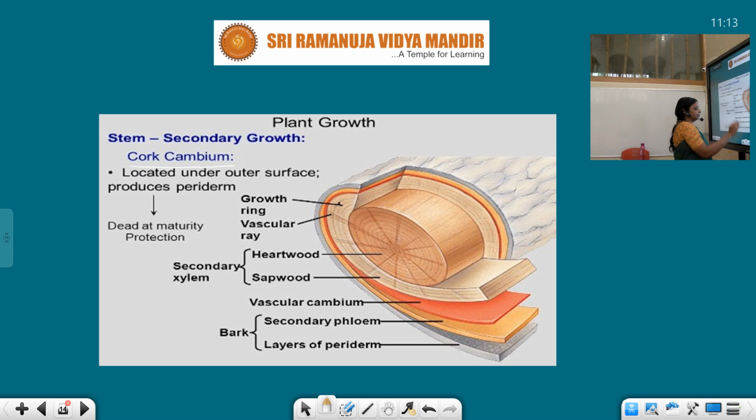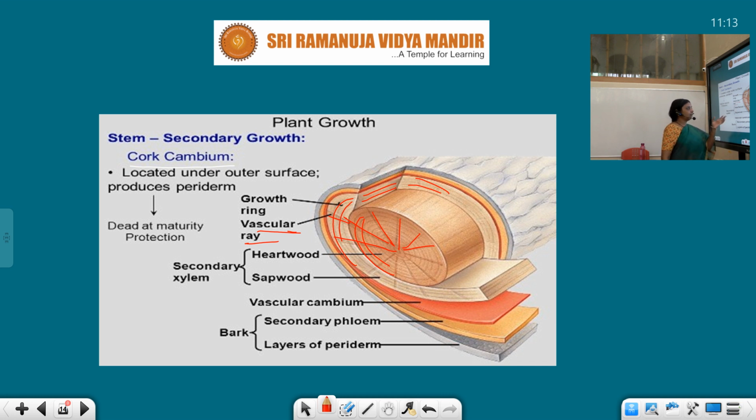So these are growth rings. You can observe these lines are growth rings. And vascular rays. Xylem rays and secondary xylem and phloem rays are formed, which are known as medullary rays. So these are rays. You can observe here, radially, medullary rays are formed.